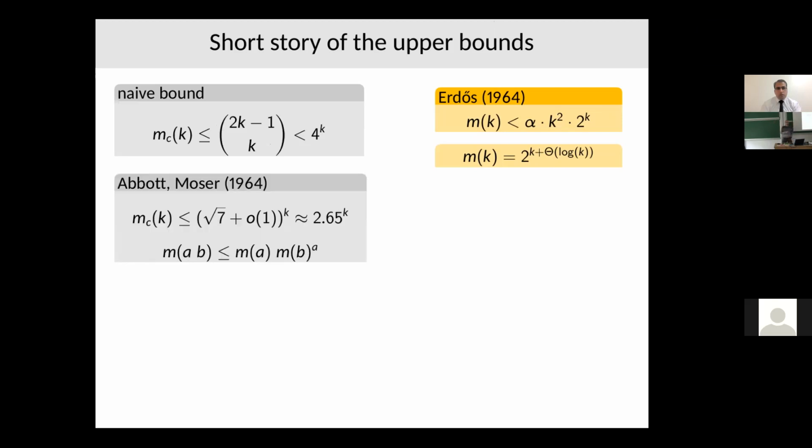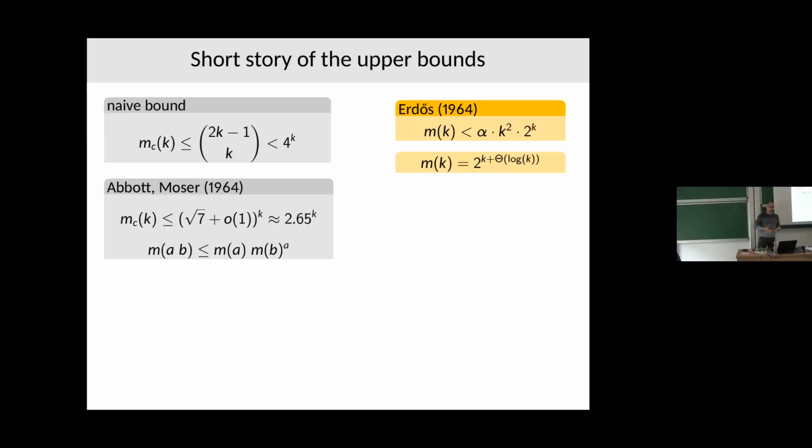In 64, in the same year in which Erdős published his construction, Abbott and Moser came up with a deterministic construction, which gave a bound like this, roughly 7 to the k. I would refer to this as a recursive construction, and I can draw a picture of how it goes.